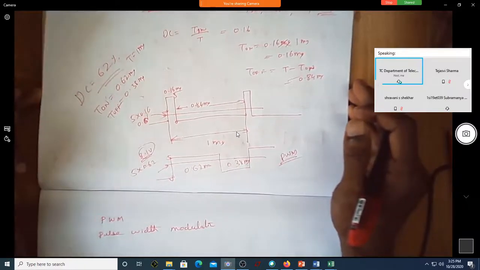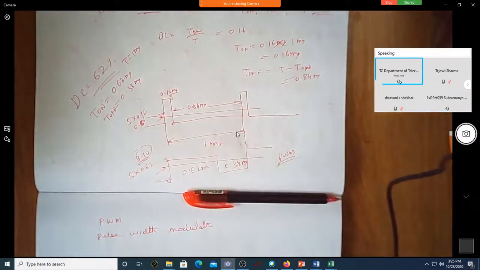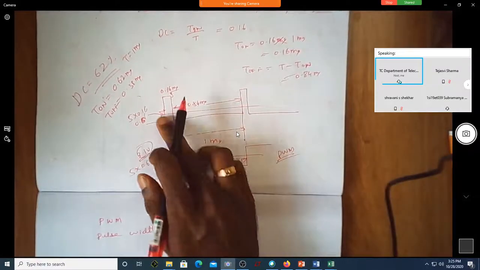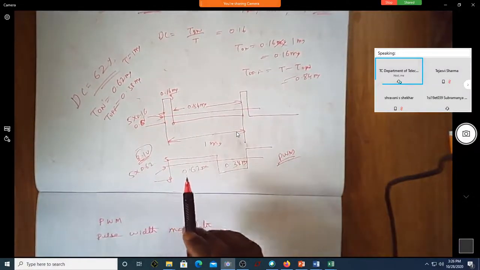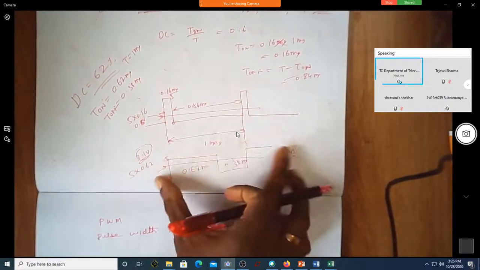Someone who sings songs, they say there is no modulation in his voice, meaning the entire lyric will be heard in the same fashion, which is not good to listen to. So we need to have variations in the voice. Likewise, I want variation in the width, so it is called pulse width. This is the pulse whose width can be varied.